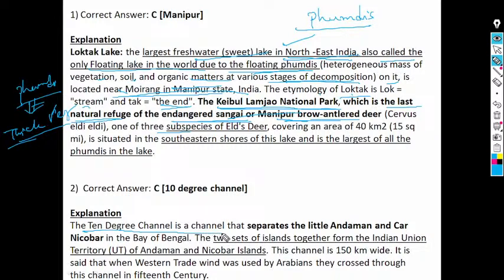The 10 degree channel is a channel that separates the Little Andaman and Car Nicobar in the Bay of Bengal.